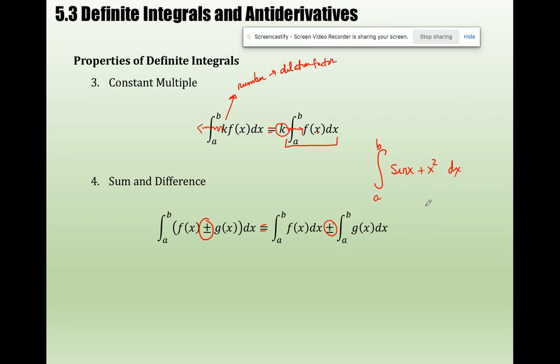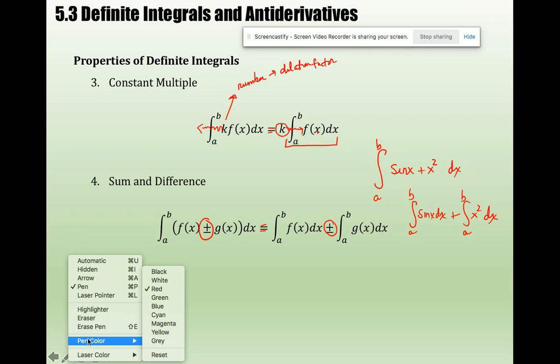If I didn't know how to do that, I could say, well, this is the same as the integral from a to b of sine x plus the integral from a to b of x squared dx. Okay? If I want to split an integrand up, that's vocabulary.